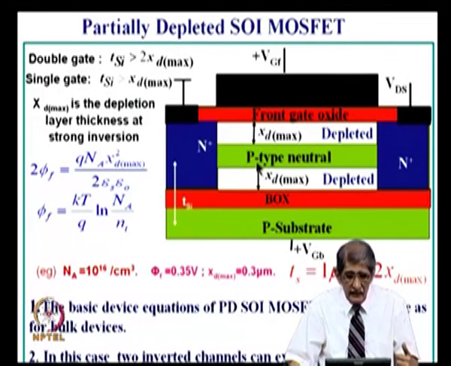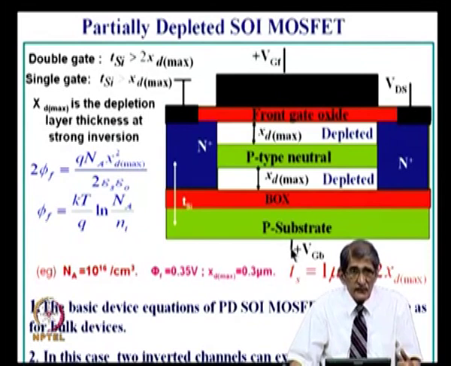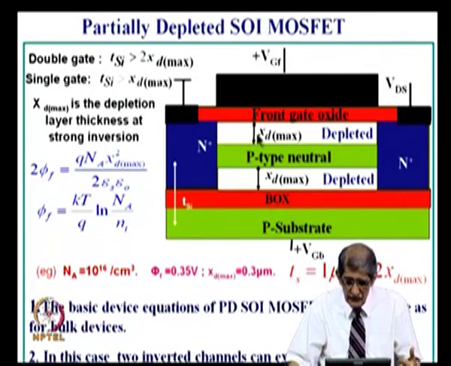But now, I use this back gate also to deplete from the back side and invert the back channel. So, what we have shown is, this portion is X T maximum depleted due to front gate, and this portion is X T maximum depleted by the application of back gate. That means, you will have an inversion layer here and an inversion layer on the top.